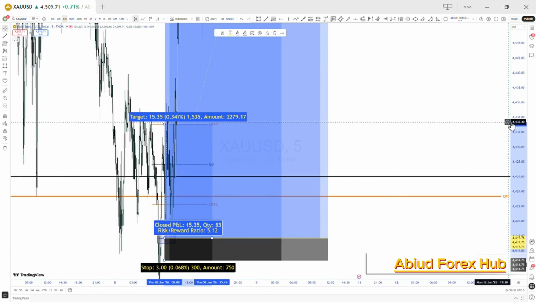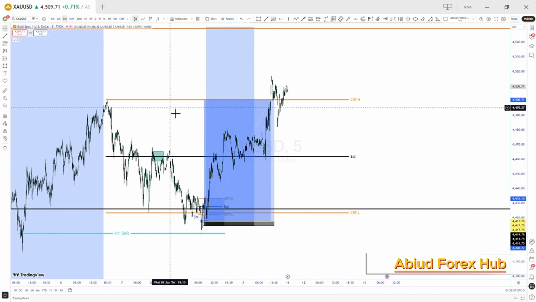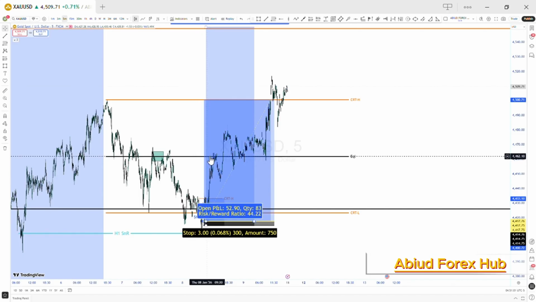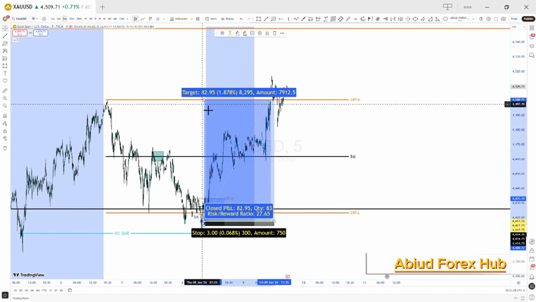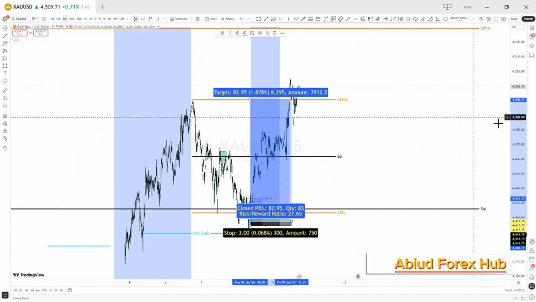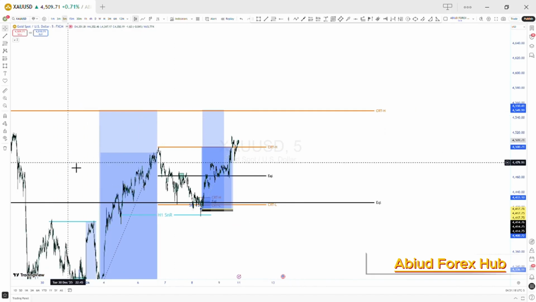So the first TP would be that, then the second TP would be maybe the 50% of the daily, the internal inside daily candle, and then we have the other one, the second last one, which is 829 pips at the daily candle, and then the last one is what we are waiting for, which is at the highest level of the daily candle.